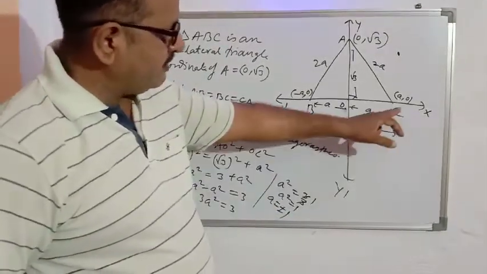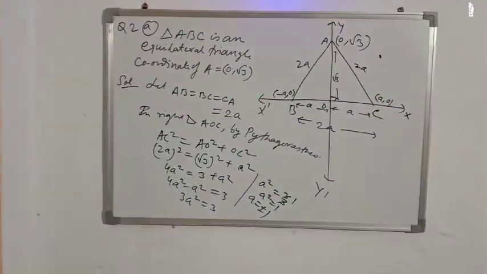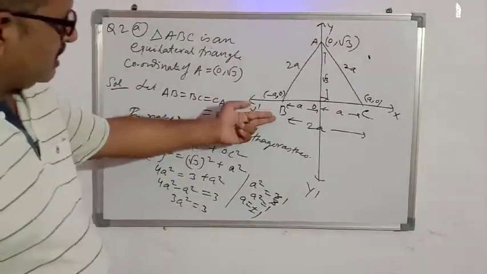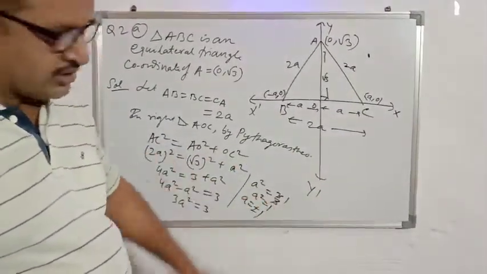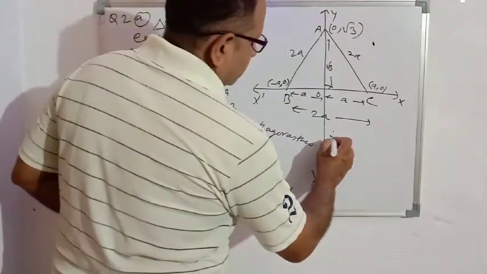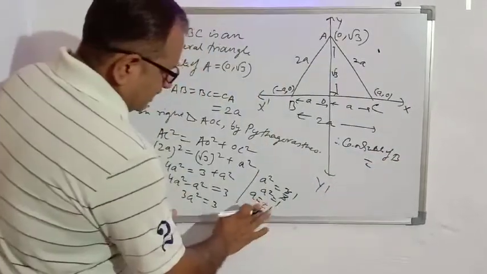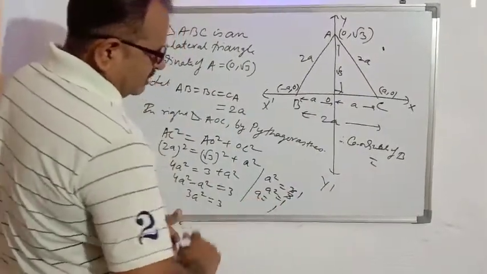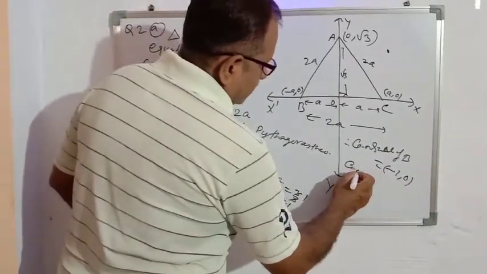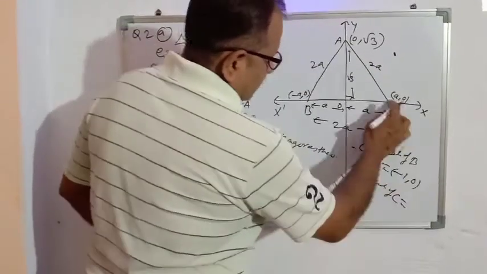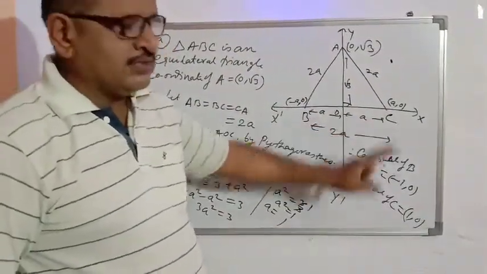So a equal to plus 1 we will take for the coordinate of C, and a equal to minus 1 we will take for B. So the coordinate of point B is minus 1, 0, and the coordinate of C is a, 0, meaning 1, 0. So these are the coordinates of the other vertices B and C.